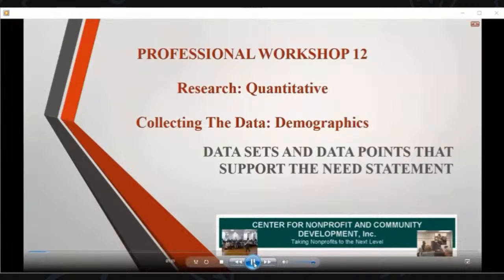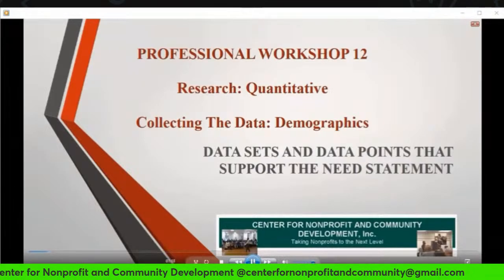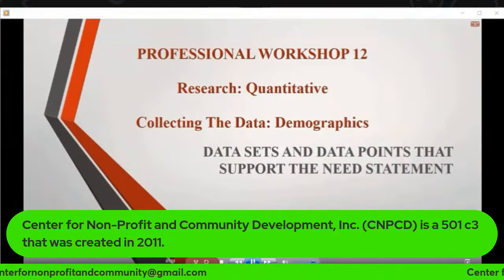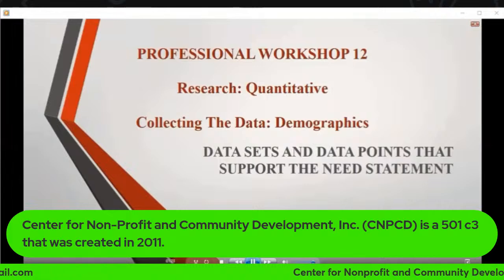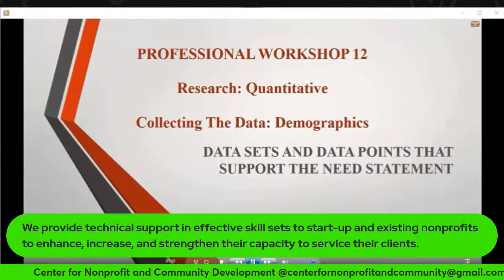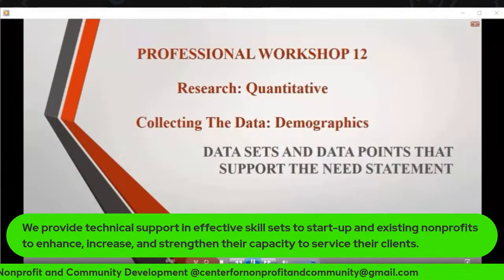In other workshops, we're going to talk about using quantitative research to define the why something happens. So that being said, today's workshop is going to be on collecting the data. We're going to be looking at data sets and data points that support the need statement.